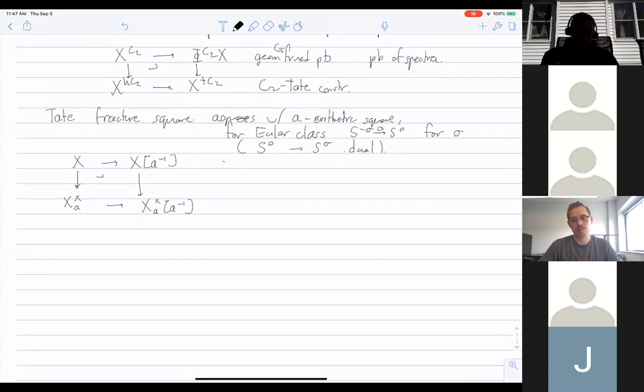And this is the same as the Tate fracture square, where the identification uses the following fact. I have a cofiber sequence, C2 plus going to S0, going to S sigma, which moreover dualizes to S minus sigma to S0 to C2 plus, where I've used that the C2 orbits in C2 spectra are self-dual.